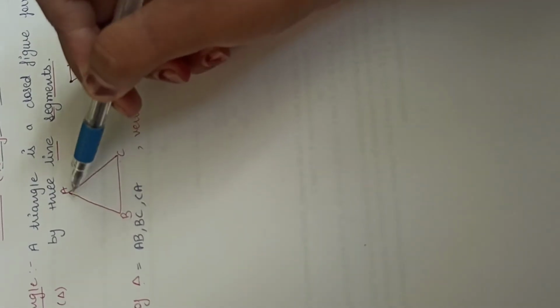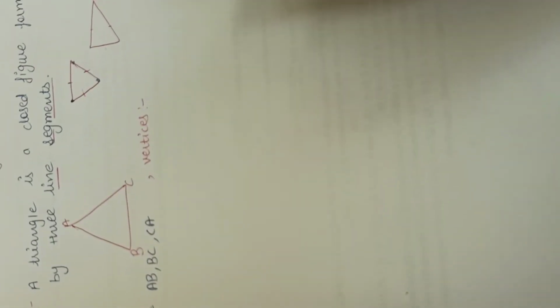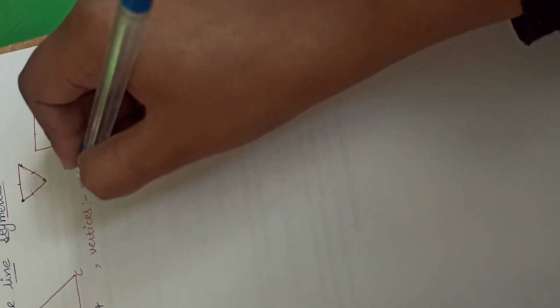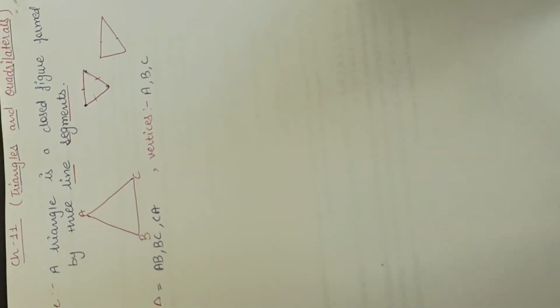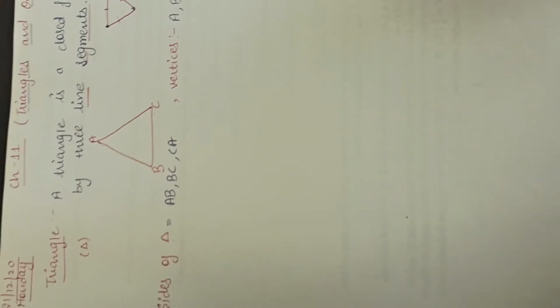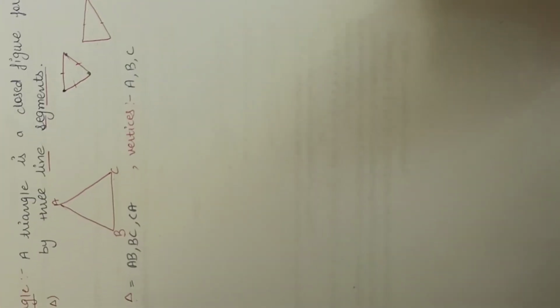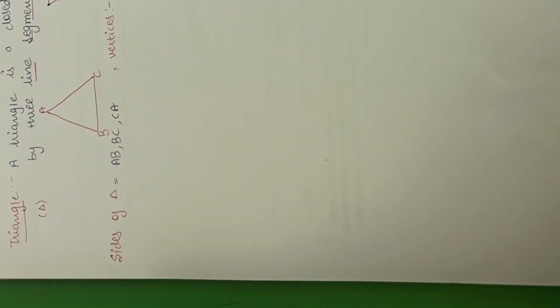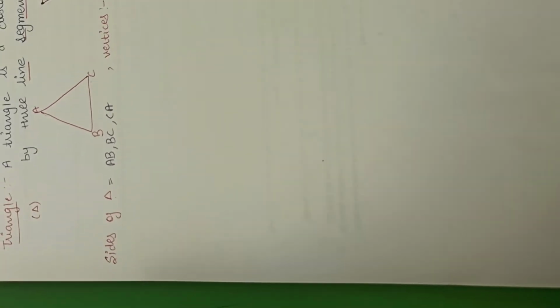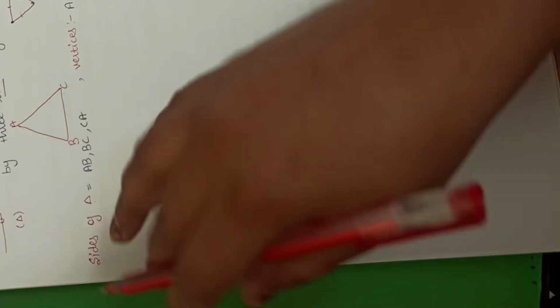So बेटा जो आपके सिंगल पॉइंट्स हैं A, B, C. इनको हम क्या बोलेंगे? Vertices. What we call these? A, B, C. These are the vertices of the triangle given here, ABC. Next point is the angles of the triangle.